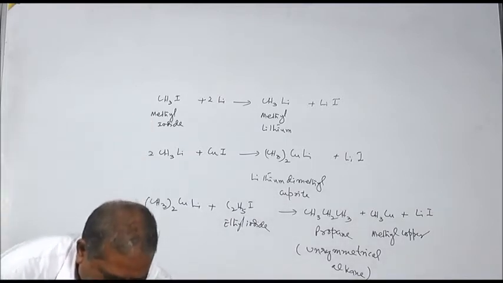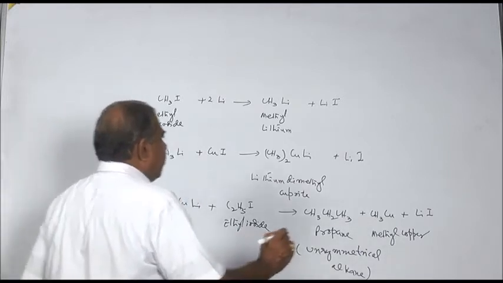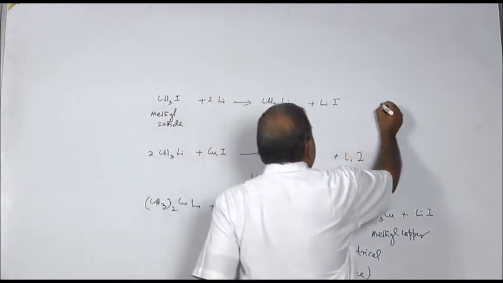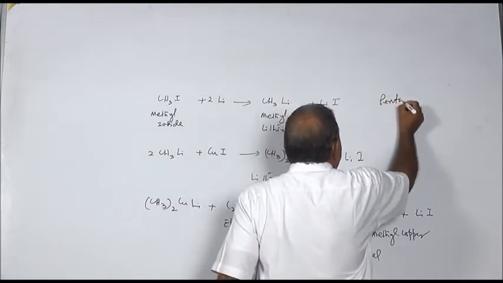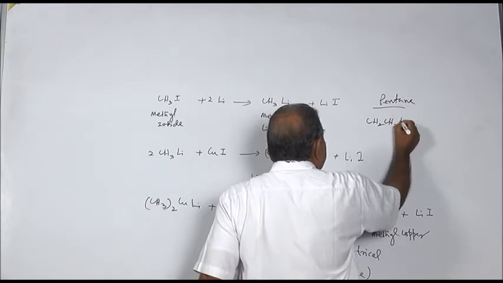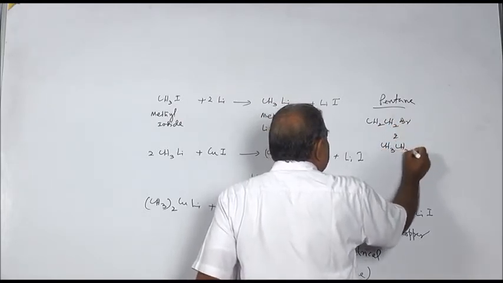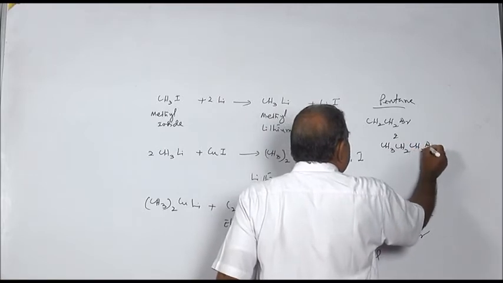Similarly, you can get pentane. For example, in order to get pentane, you can treat ethyl bromide and propyl bromide.